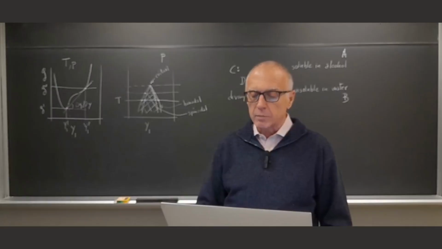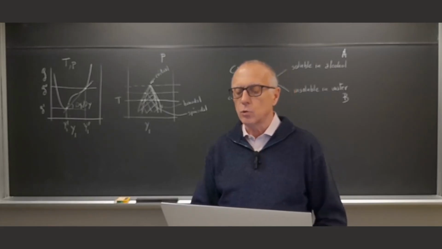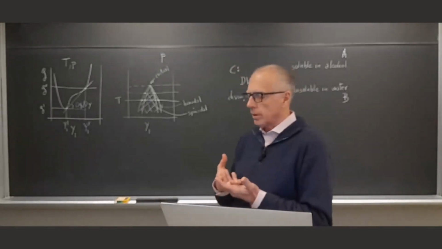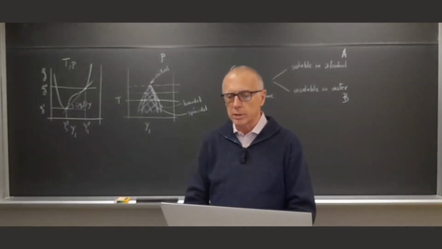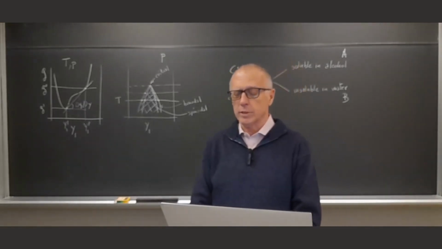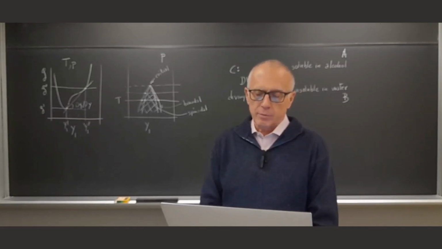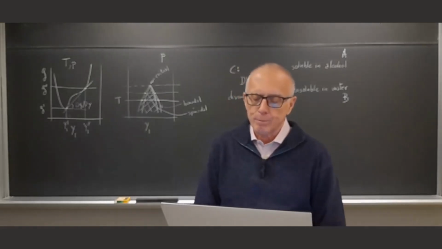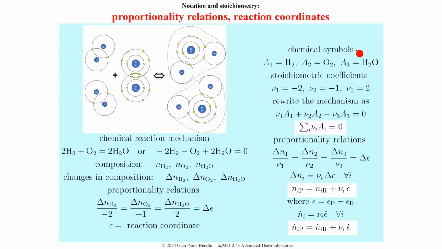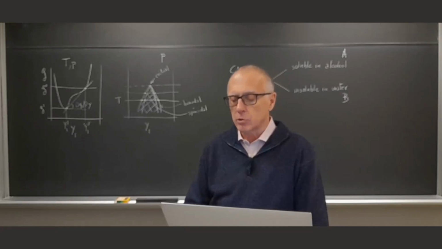Okay, so with that in mind, in order to introduce a notation that is typically used in software that deals with calculations of chemical equilibrium or chemical kinetics, we can define a symbol A sub i, A sub 1, A sub 2, A sub 3, to represent the chemical symbols in the list.